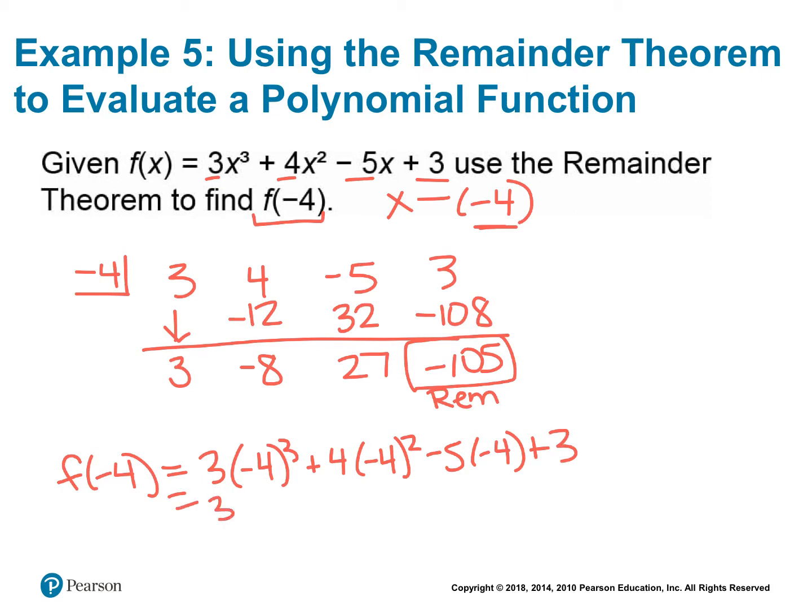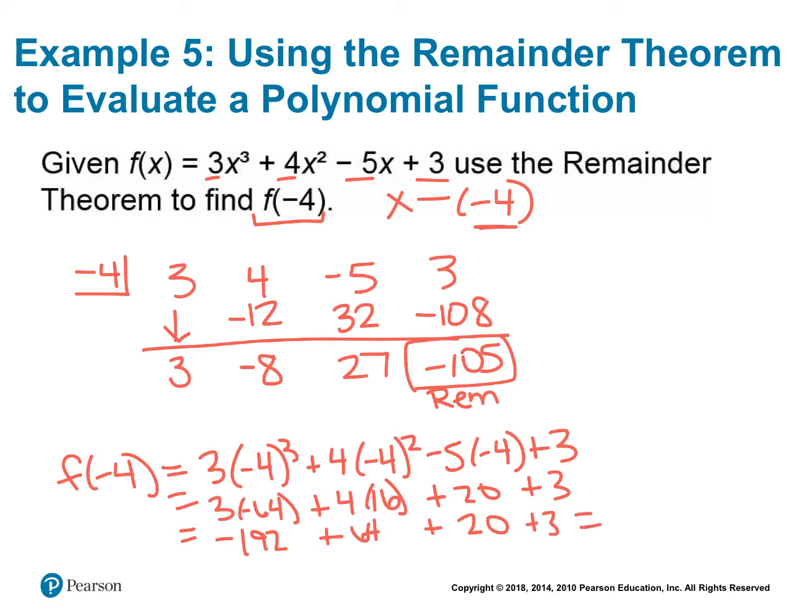That gives us 3 times -64 plus 4 times 16 plus 20 plus 3, gives me -192 plus 64 plus 20 plus 3, which gives me -105.